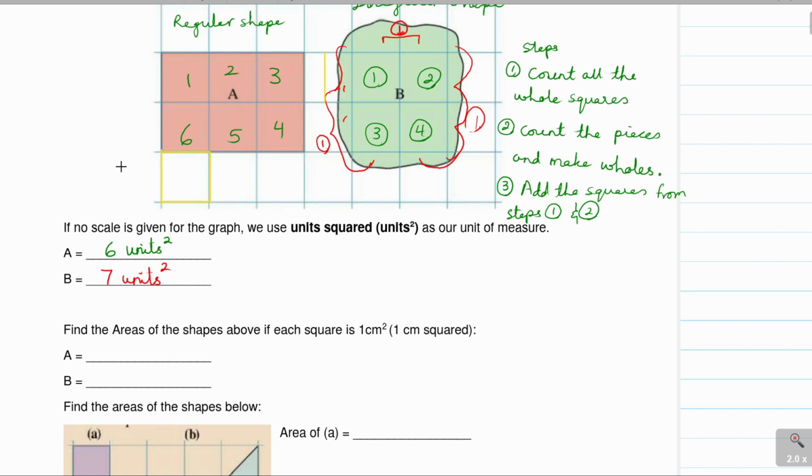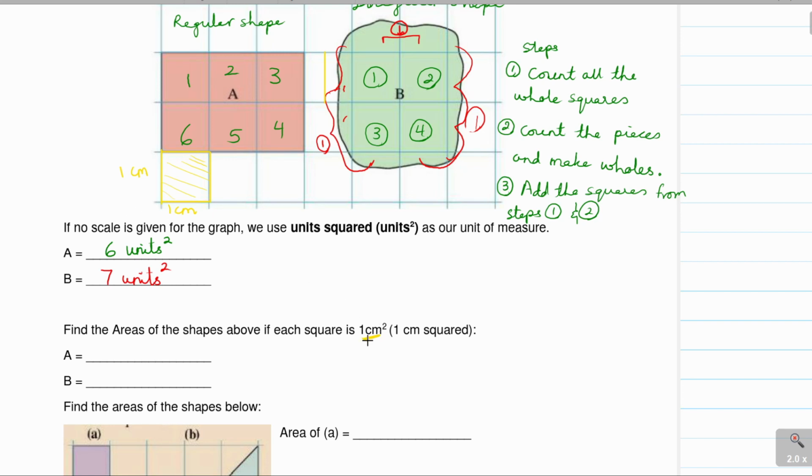This is 1 centimeter by 1 centimeter. Okay, it's a square, so all the sides are 1 centimeter. Now the area of this one little square they're saying here is 1 centimeter squared. Okay, 1 multiplied by 1 will give us 1.